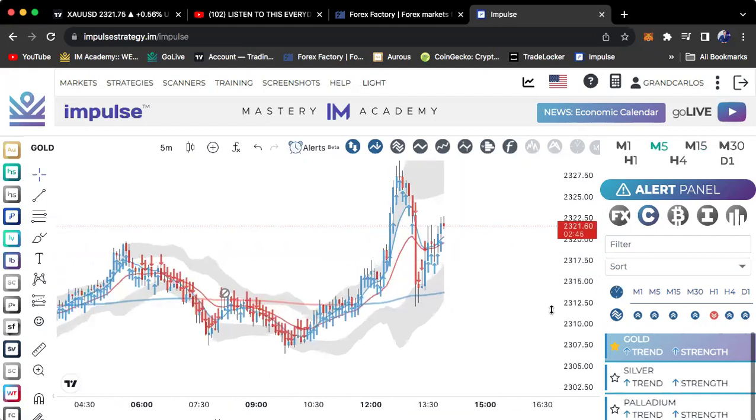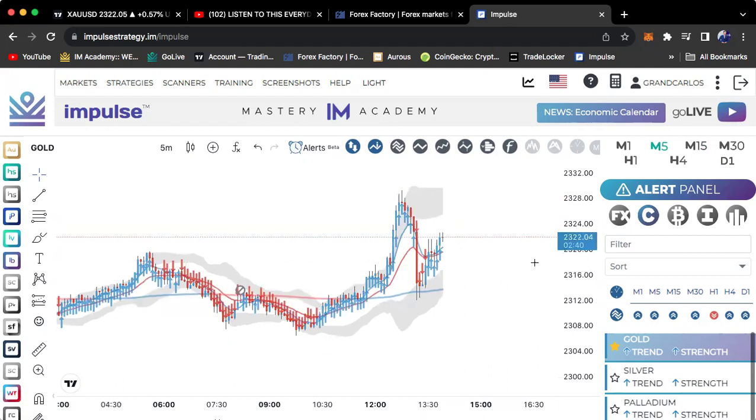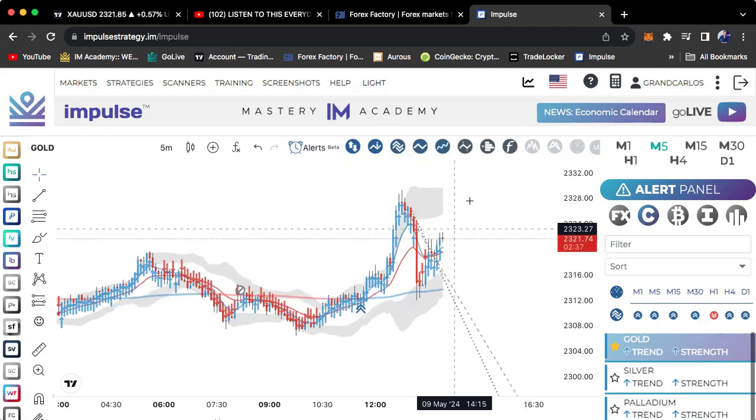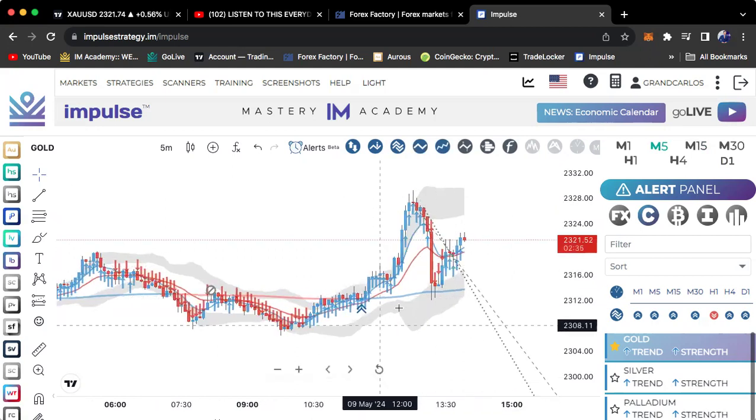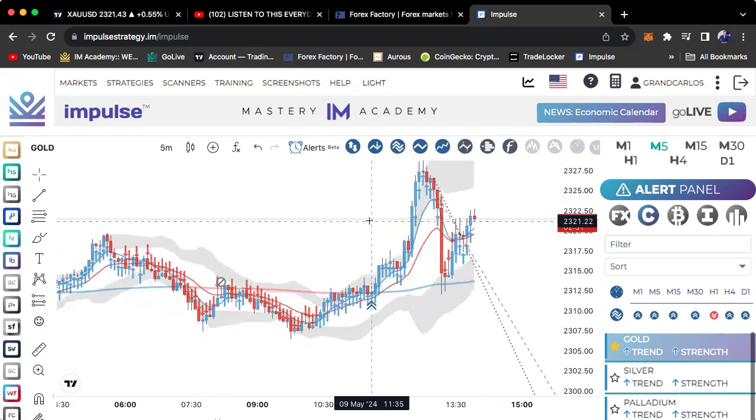Okay, looking at the 5-minute, it's giving me blue signals as well. As you can see here at the 5-minute, and I take my trades based off the 15-minute or 5-minute.